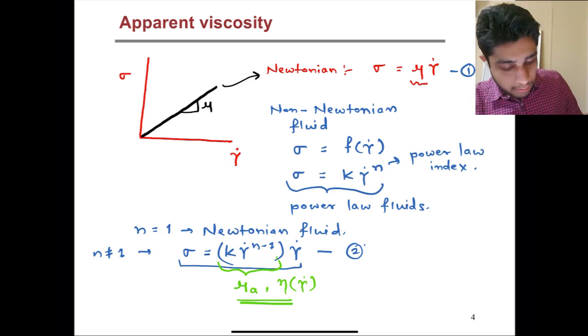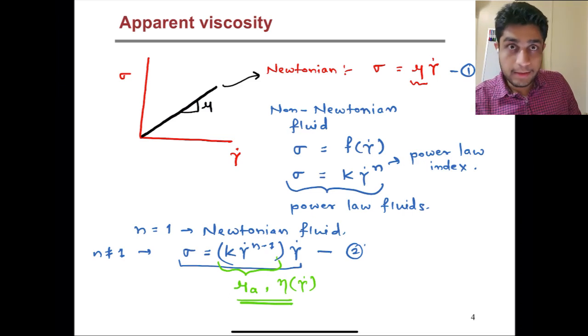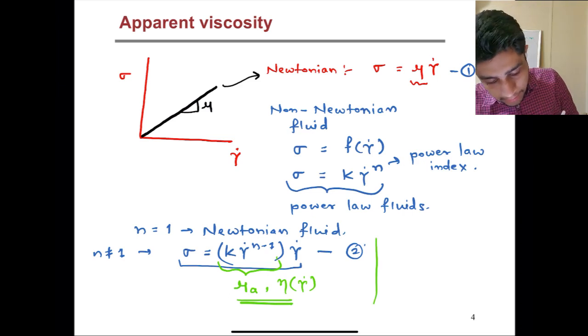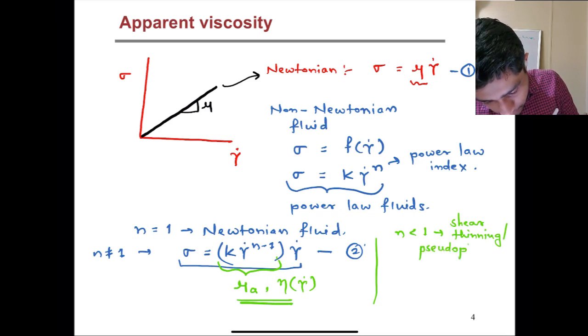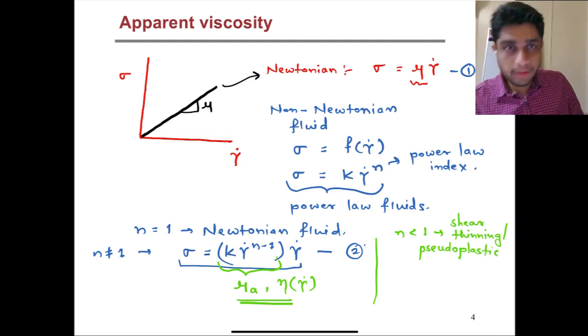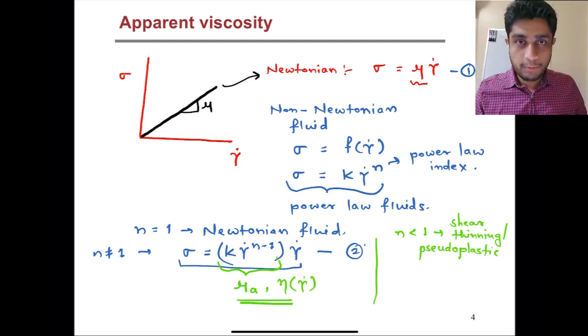So now, depending on whether n is less than 1 or greater than 1, if n is less than 1, then that fluid is called shear thinning or pseudoplastic. That's because for a shear thinning fluid, as we increase the shear rate, its viscosity actually decreases.